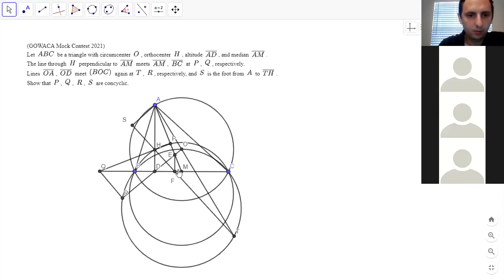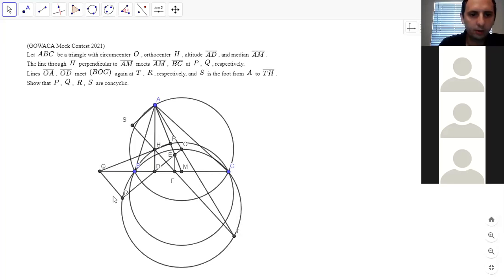So if we know that Q, R, F, E, and P are cyclic, how do we show that S lies on that? Is it just an angle chase? Because we know angle QPS is the same as angle HPS, and angle QFS is BFS. I think it might be an angle chase.